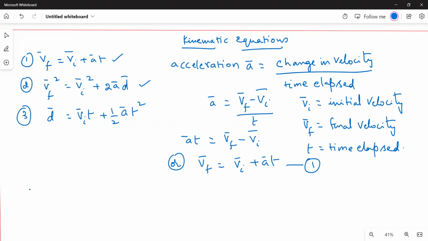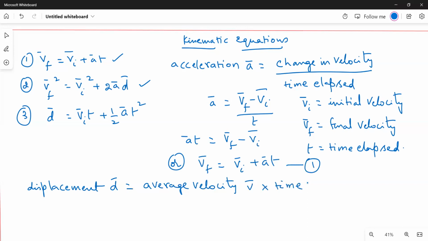We know displacement is equal to average velocity multiplied by time. Here average velocity is equal to initial velocity plus final velocity divided by 2.